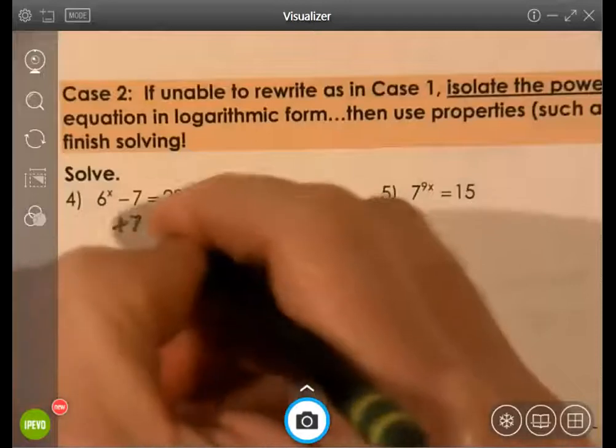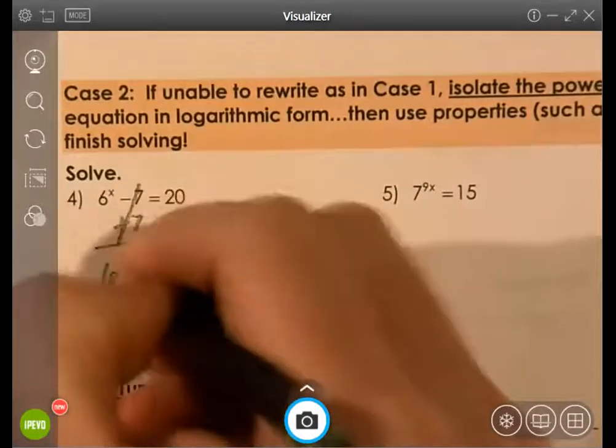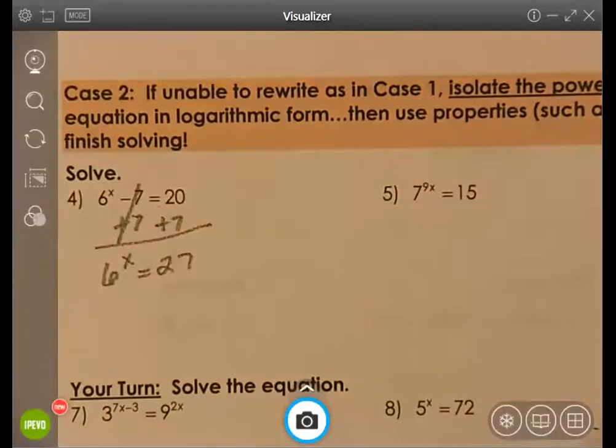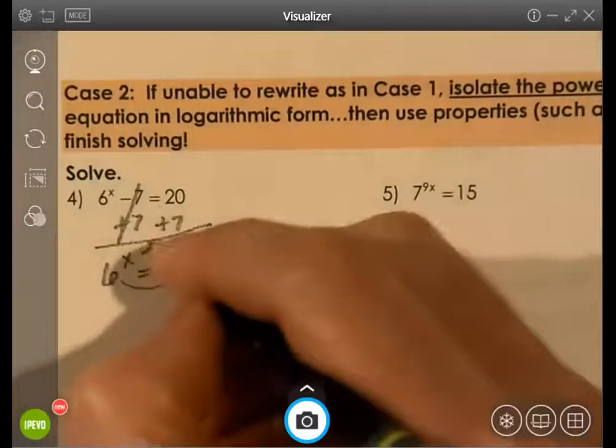When you add the 7 across, there is no common knowledge of 6 to what power is going to equal 27. You can't break them down. You can't get the bases the same. So in this case, we're going to have to write a logarithm.